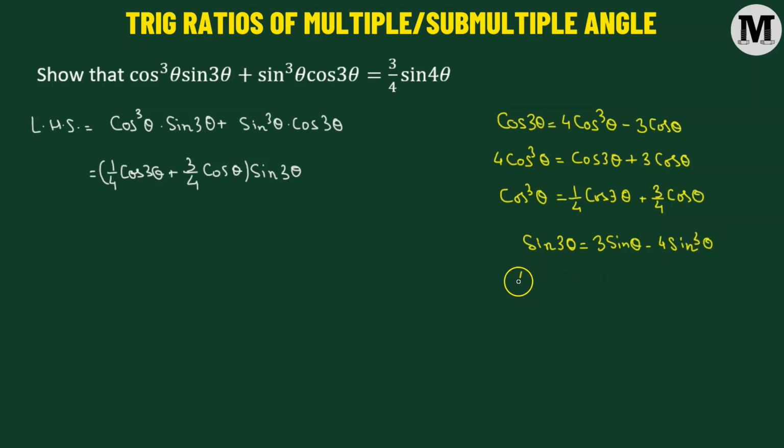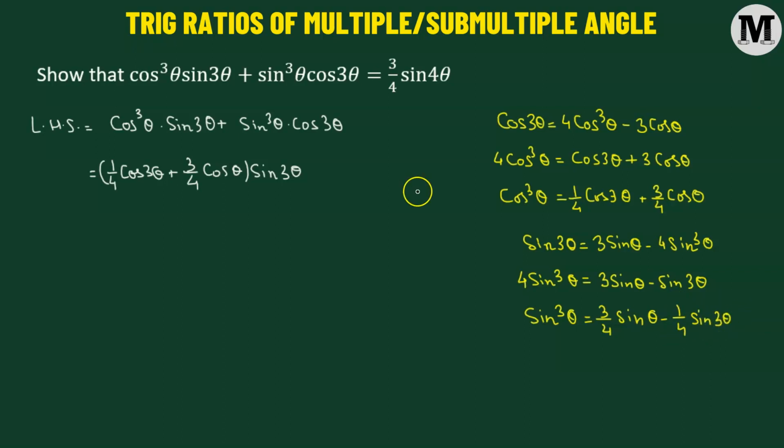Now if we isolate 4 sine cubed theta, so 4 sine cubed theta will be equals to 3 times sine theta minus sine 3 theta. So dividing each terms by 4, so sine cubed theta will then become equals to 3 over 4 times sine theta minus 1 over 4 times sine 3 theta.